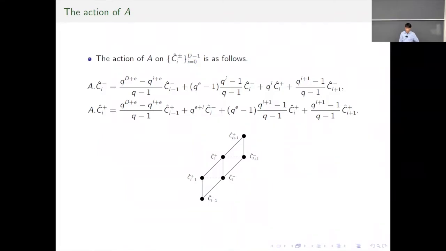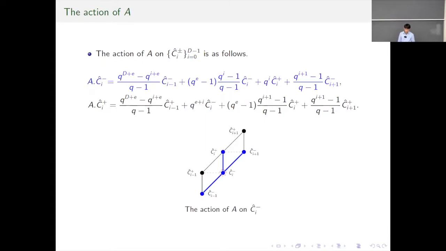So the action of A on Ci minus hat and Ci plus hat is given as follows. First, A applied to Ci minus hat is a linear combination of these 4 terms, not 5 terms, because there's no edge between these two. That's the difference from the q-Racah case.